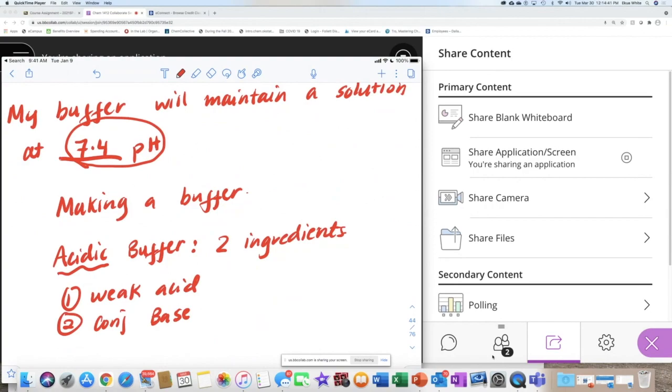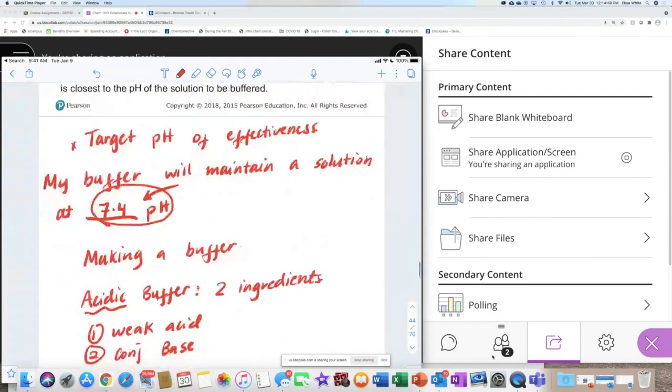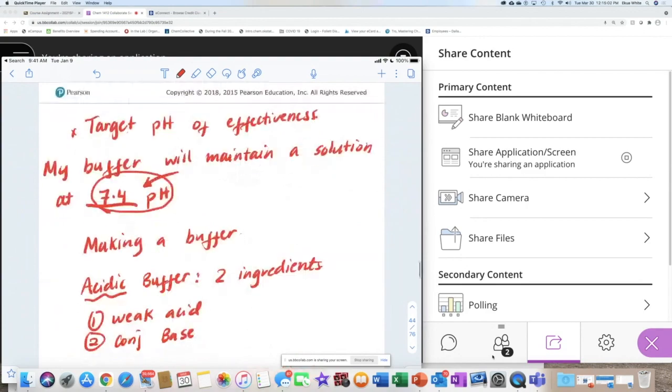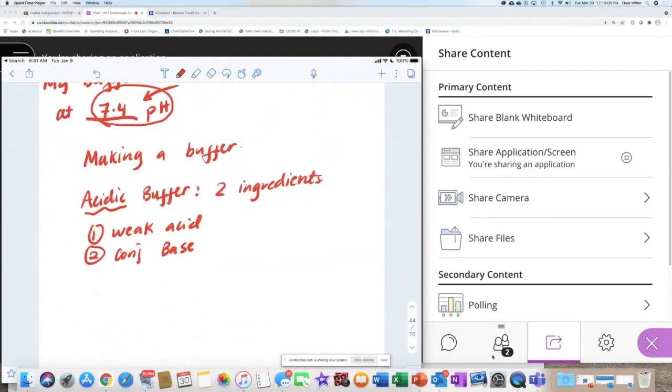Well, which weak acid do you pick? There are hundreds of them. Which one do you pick? It all boils down to your target pH. So they're saying right here, look at the pKa of the acid. There's a published list online and in your textbook of the Ka that goes with the acid. So say, for example, you're going to pick a weak acid.